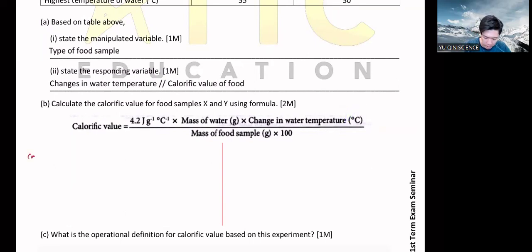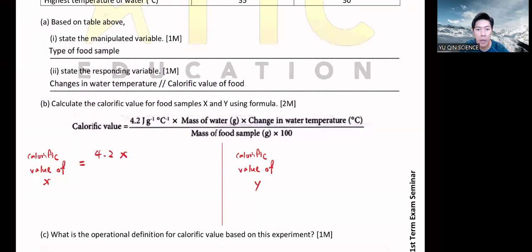So calorific value of X: 4.2 times mass of water.